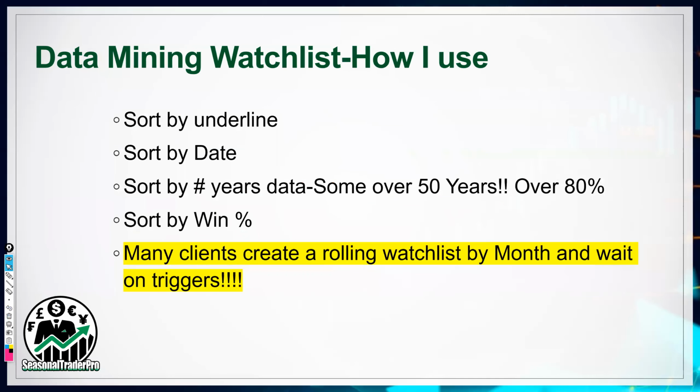So how I use this, I like to sort by the stock or by the date or by number of years. You can sort by win percentage. What a lot of folks do is they'll grab the trades coming up, let's say for March, and they'll do the sorting in the sheet. And I'll walk you through how I do that.